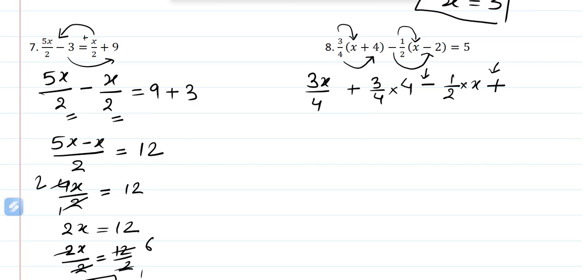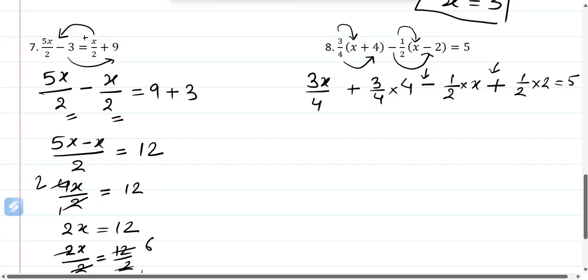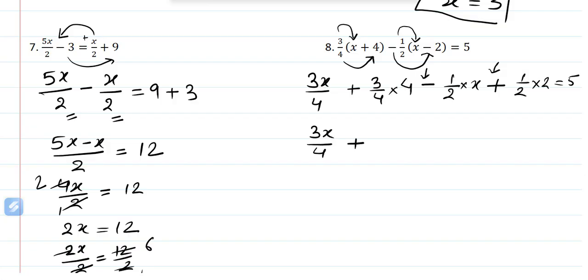And that is now 1 divided by 2 times 2 is equal to 5. So now this is 3x divided by 4 plus. Now cancel this 4 and 4, only 3. Now simply you can write x divided by 2. Now plus, again you cancel this 2 and 2. Here is just 1 is equal to 5.